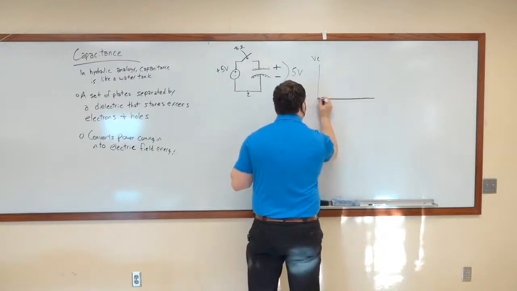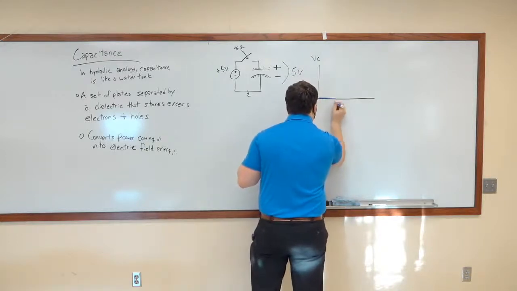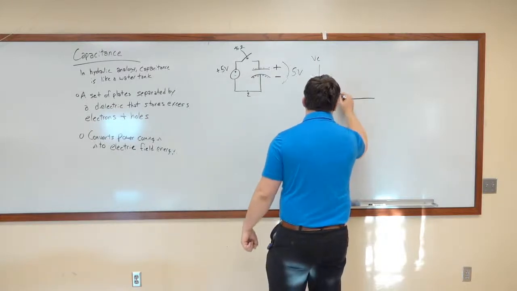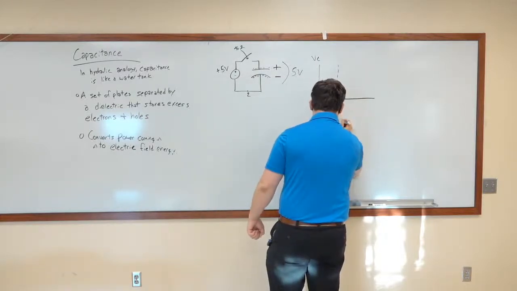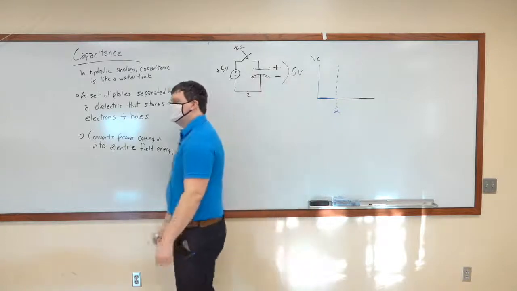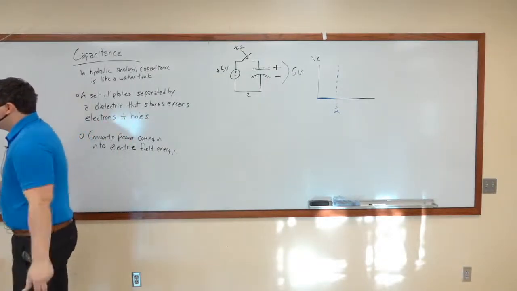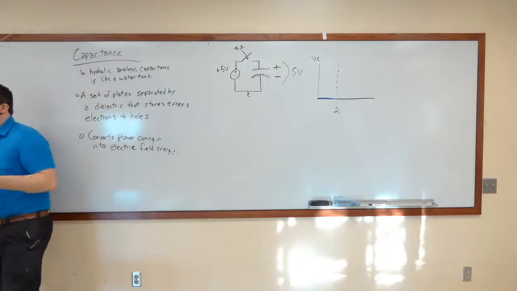We're going to start out at 0, at t equals 2. What happens to the voltage? Does it slowly climb up? Does it immediately spike up? What happens to it?